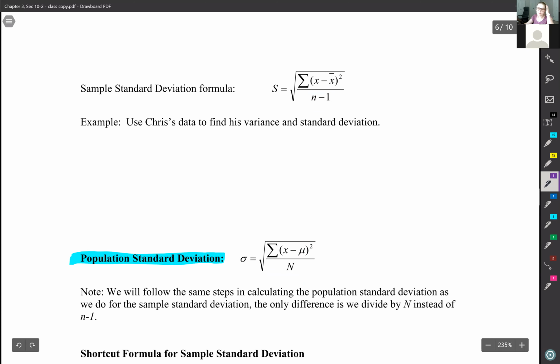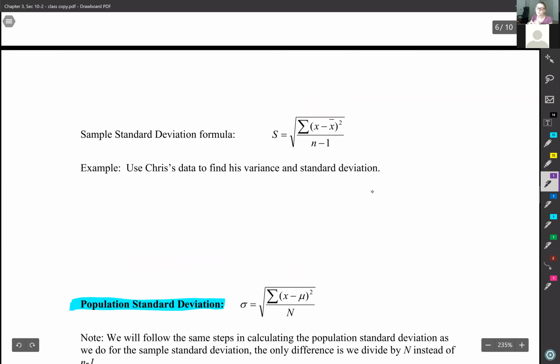Just to give a brief explanation, the one for sample standard deviation is n minus 1 just because sometimes when a population is large, but the sample you're using is small, it tends to be an underestimate. So they change the denominator to be n minus 1 instead of n, just to make up for that underestimate.